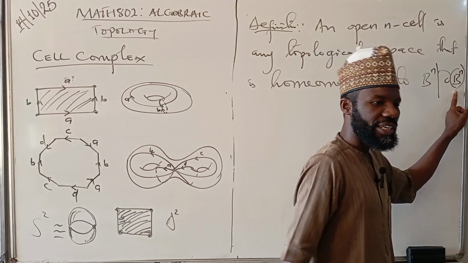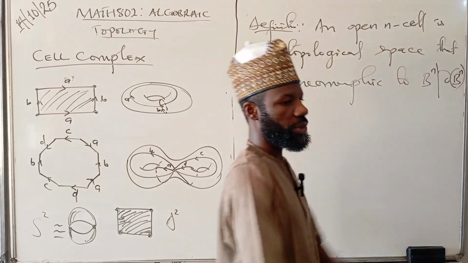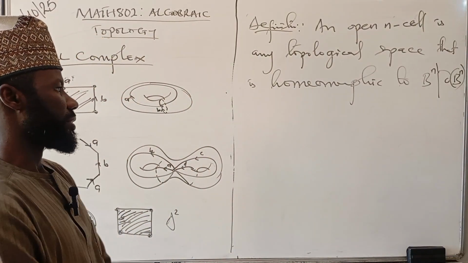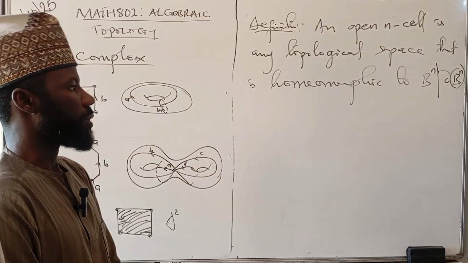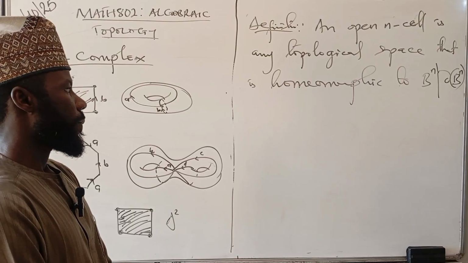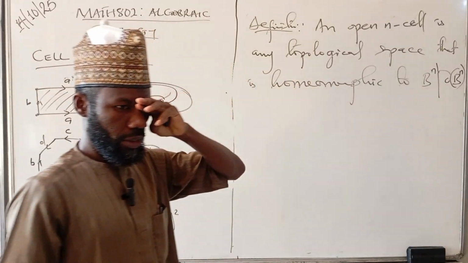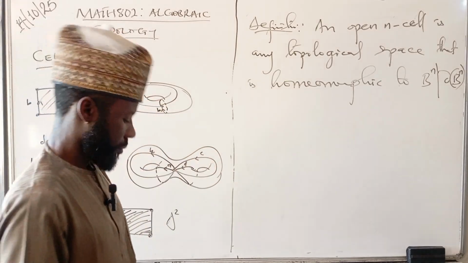This is in the Euclidean space, the way we define the unit closed ball, Bn. So if you remove the boundary, you have the open ball. Any topological space that is homeomorphic to this is called an open n cell. Okay?